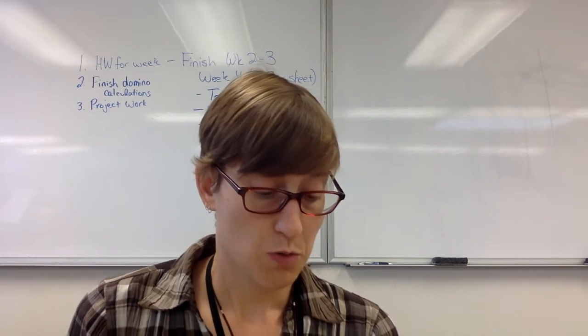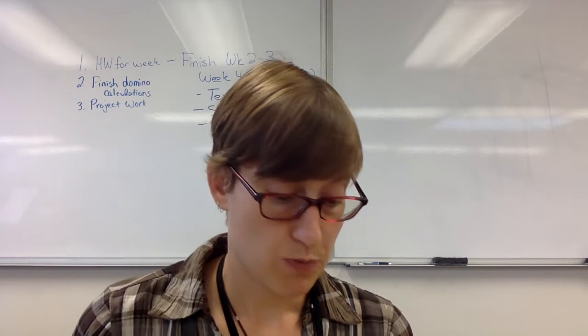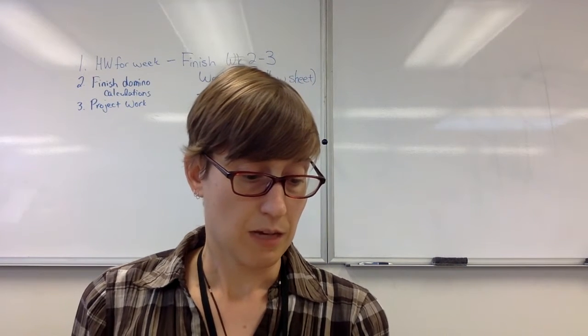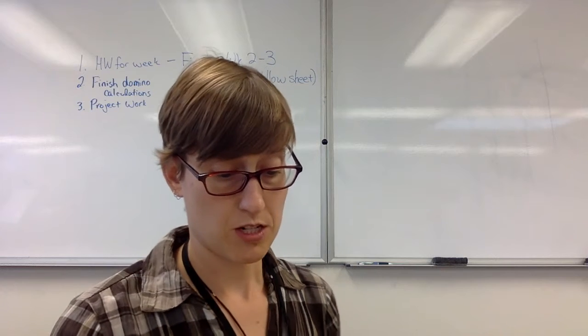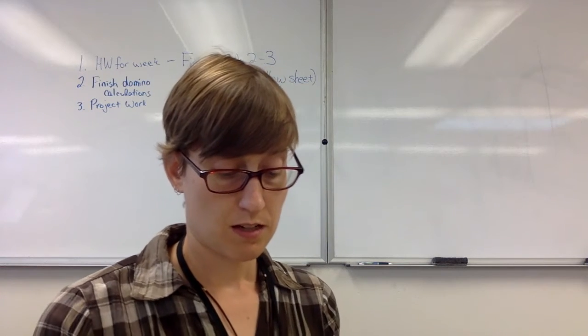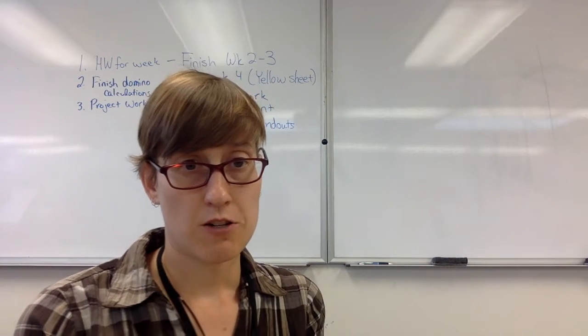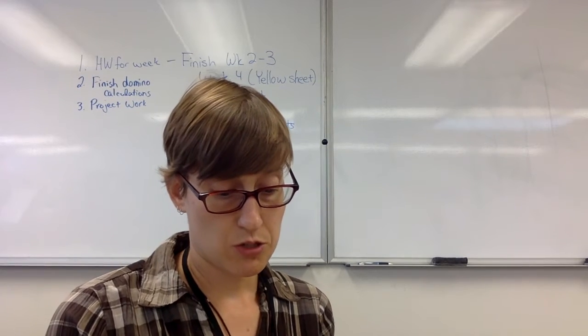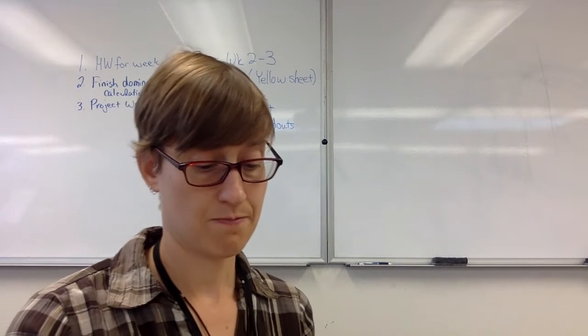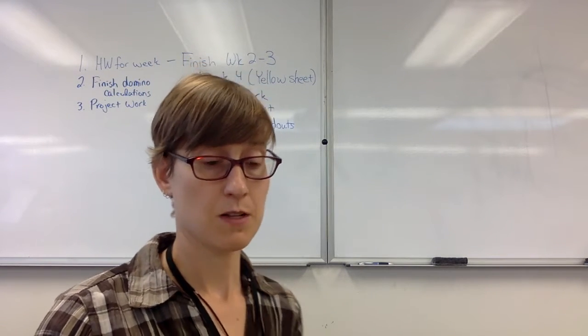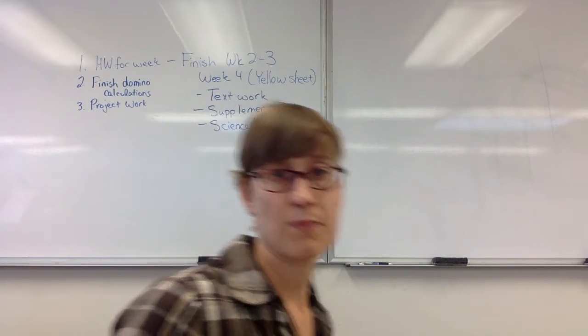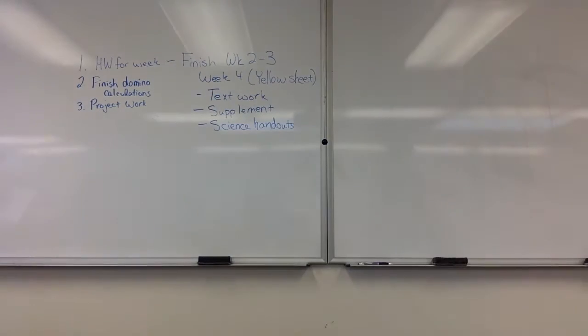Okay, so what we're going to be doing today is working a little bit with operations with decimals. We're going to work on kinetic and potential energy, and we're also going to be working on powers of 10. Let me just grab a few things here, and then we'll talk about that.